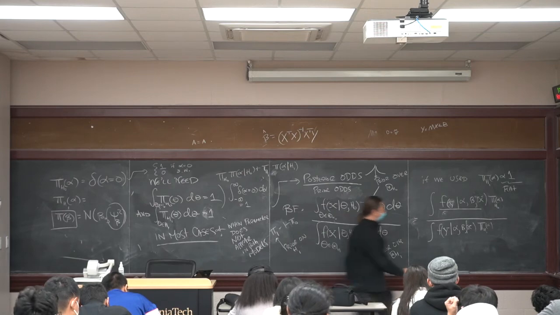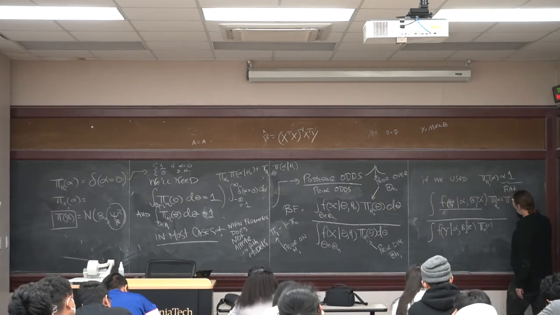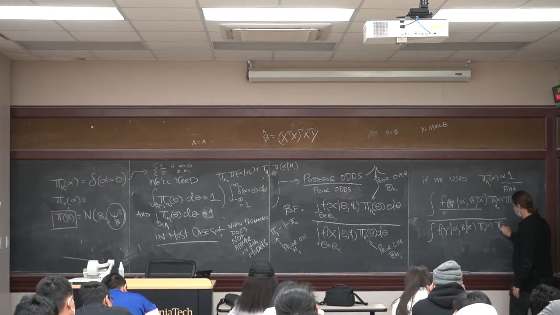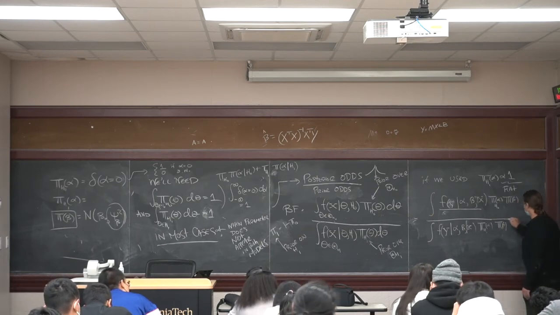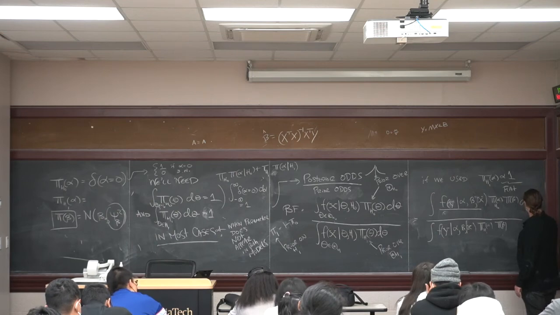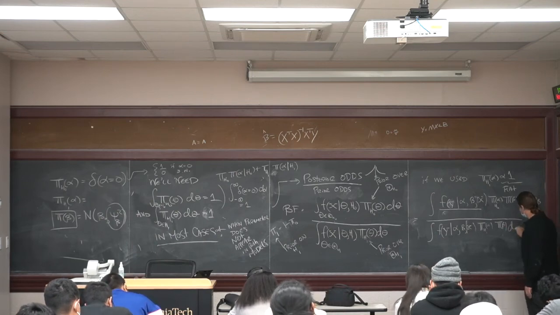And then I'm going to have pi of beta. pi of beta appears the same way. I'm not testing beta. That's not part of my equation. Right here, this is going to be d alpha, d beta, d alpha, d beta.